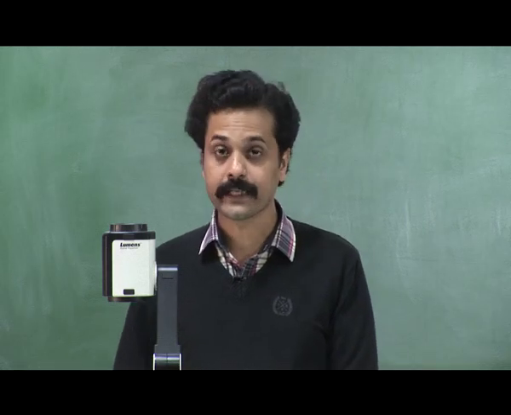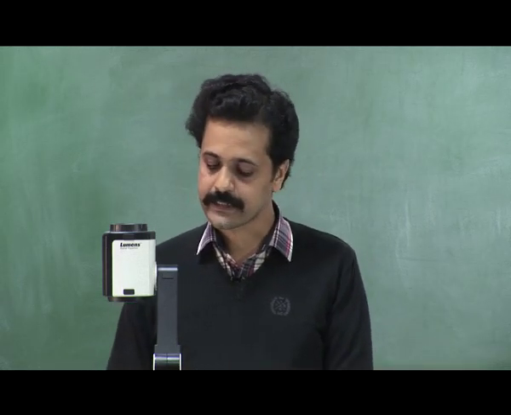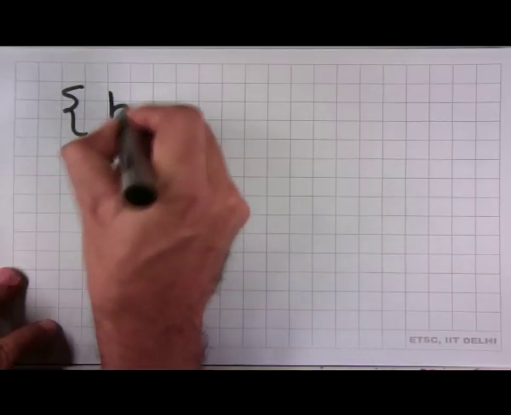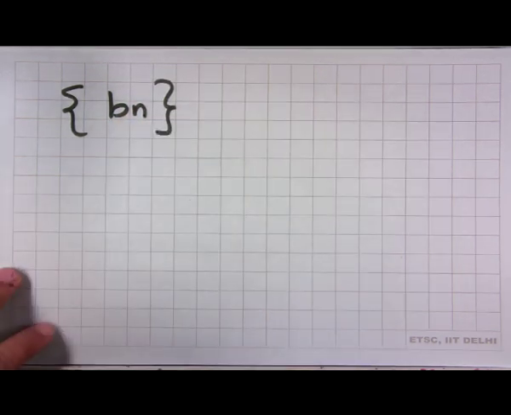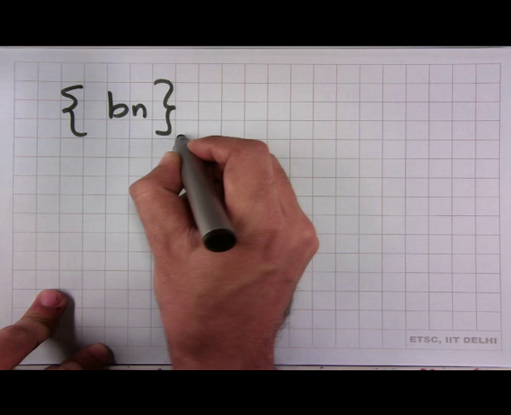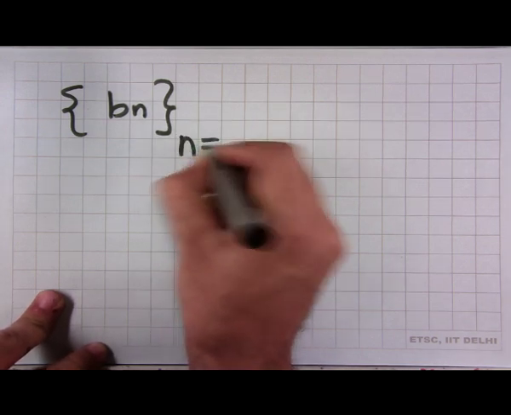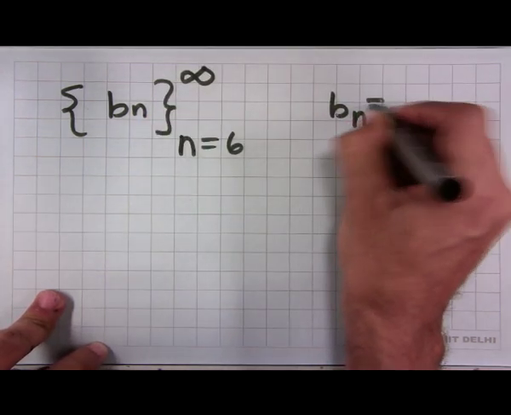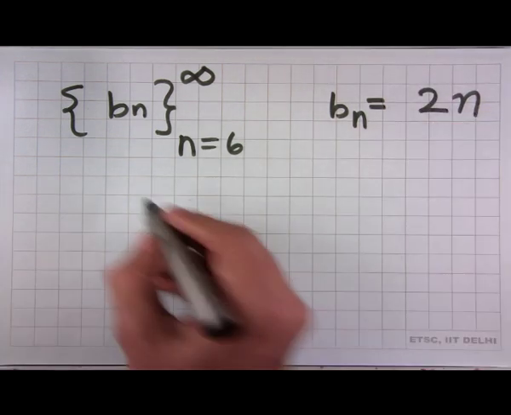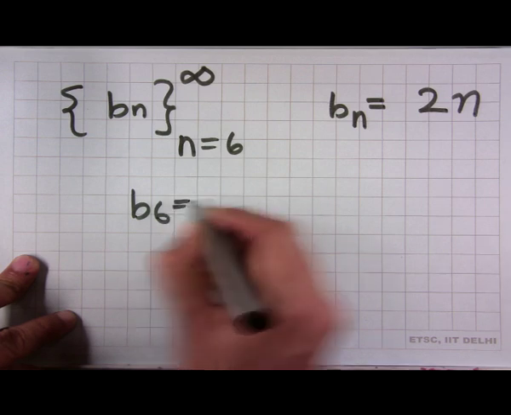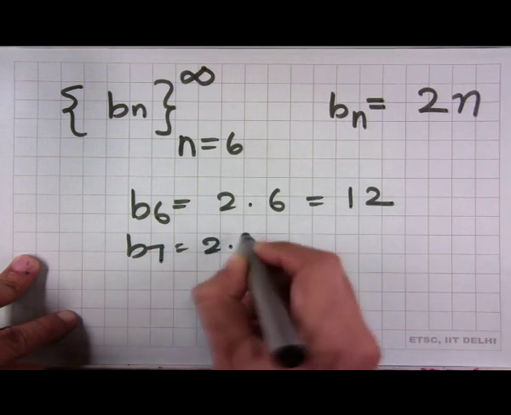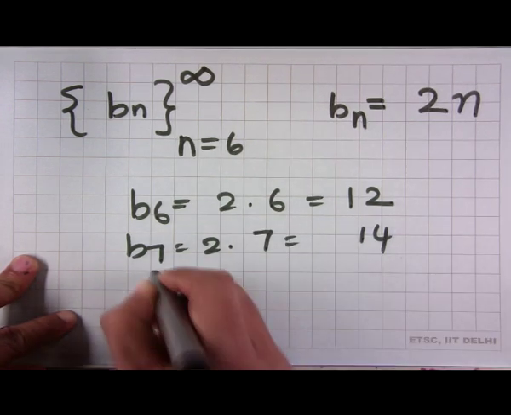I would like to draw your attention to the fact that the same sequence can also be expressed as b_n, where n is equal to 6 to infinity, b_n is equal to 2n. b_6 is 2 into 6, 12, b_7 is 2 into 7, 14, and so on.